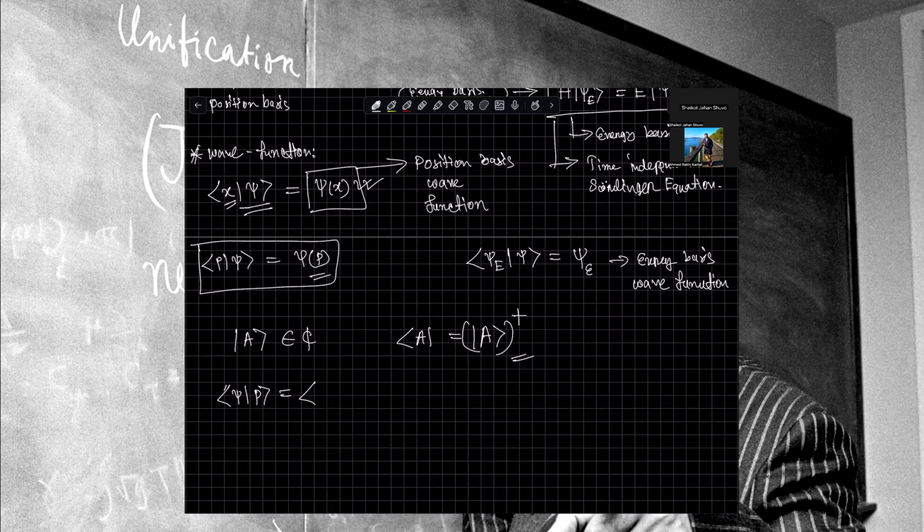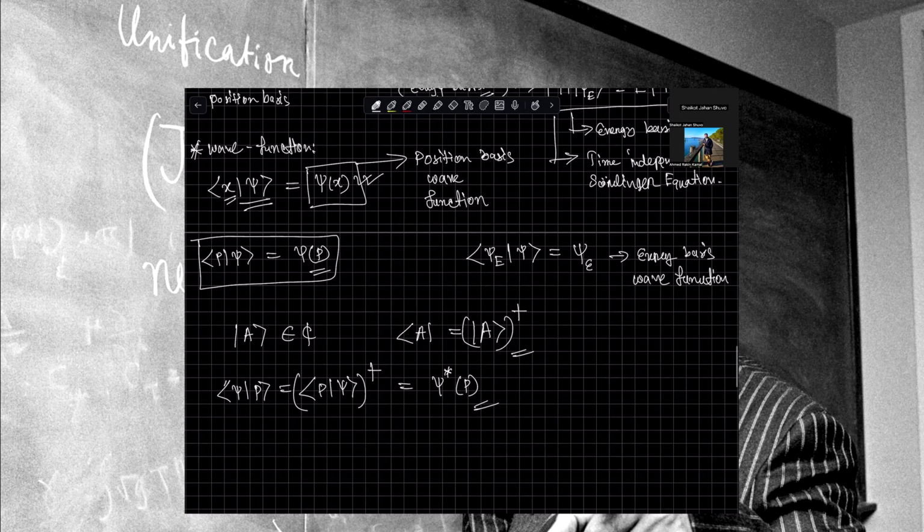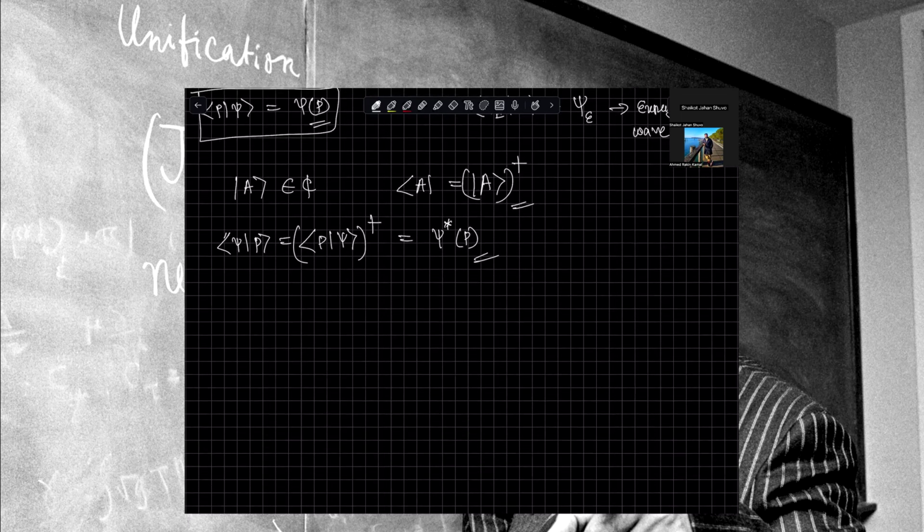So this is just psi dagger, psi star. Okay. And now that you have representations for the states or state vectors, we want to find some representation for the operators.